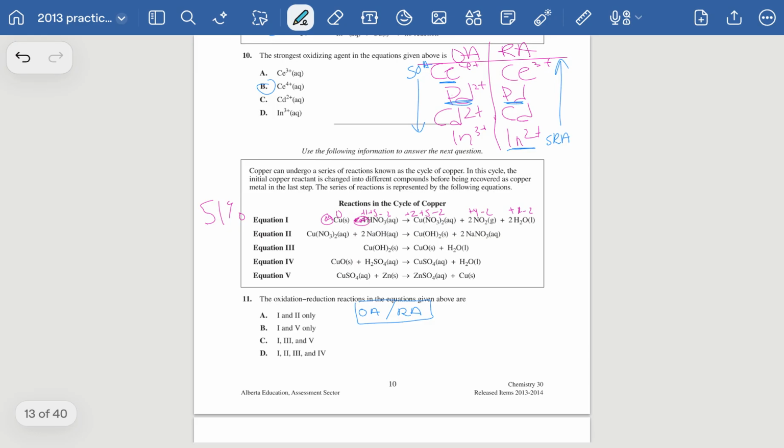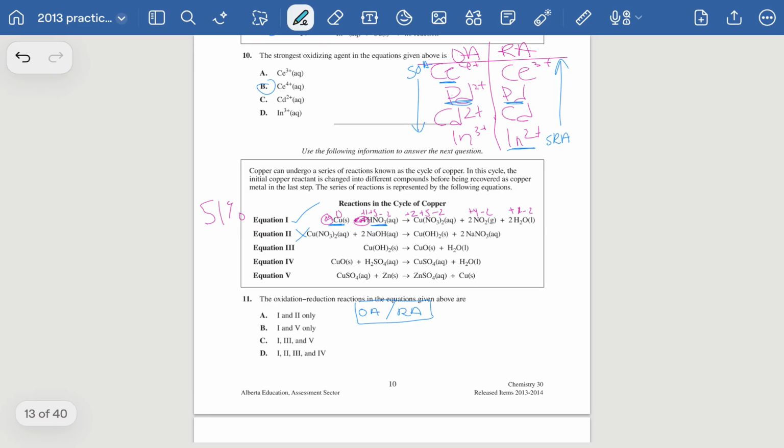So I looked at the first one, I identified my oxidation numbers. I saw that I have copper as my OA and this acid here as my RA. Because I have an OA and an RA, we have a redox reaction. If you move on to the next one and you assigned your oxidation numbers, you would see that there's no change in oxidation numbers. So this is not a redox reaction.